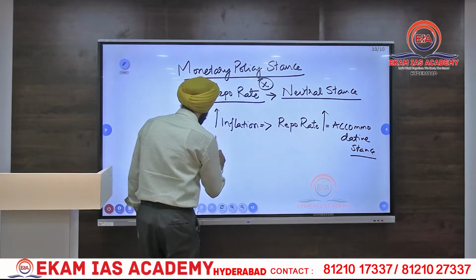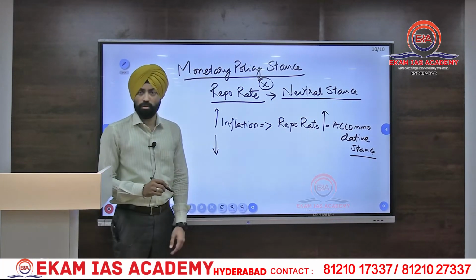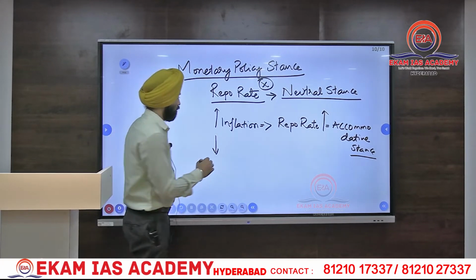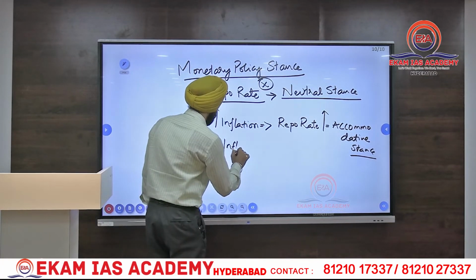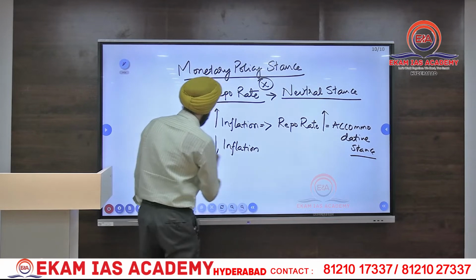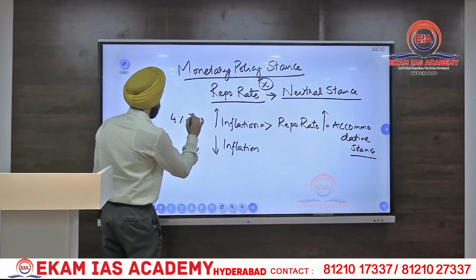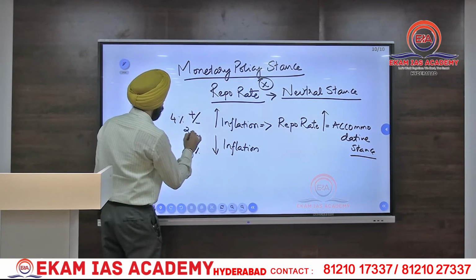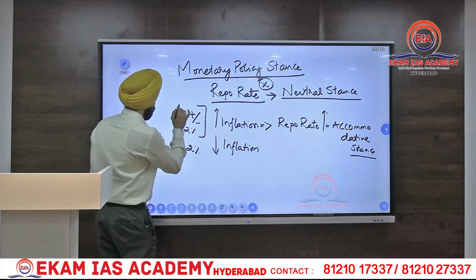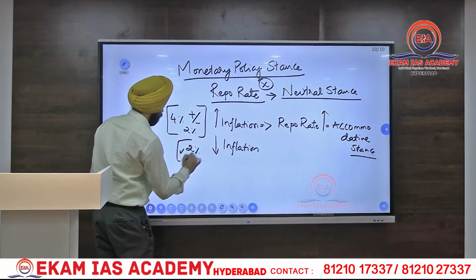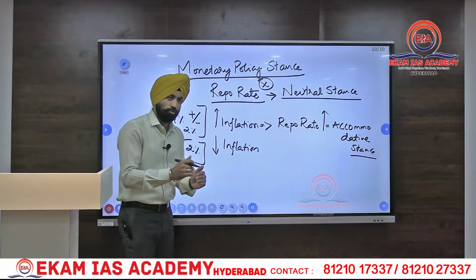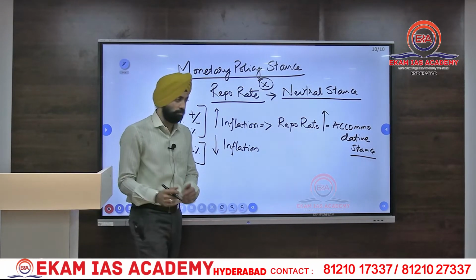Say inflation is going down. Listen carefully. Inflation is going down. Say 2%. What is the band? 4% plus or minus 2%. Now the inflation is in the band of 2%. It is about to go below the accepted levels.